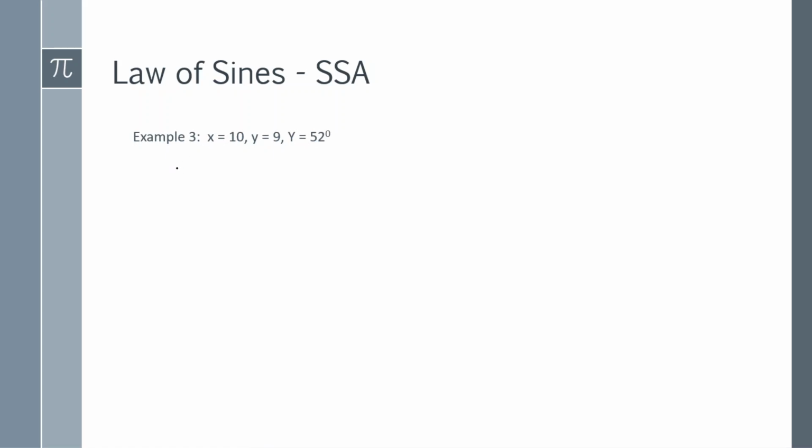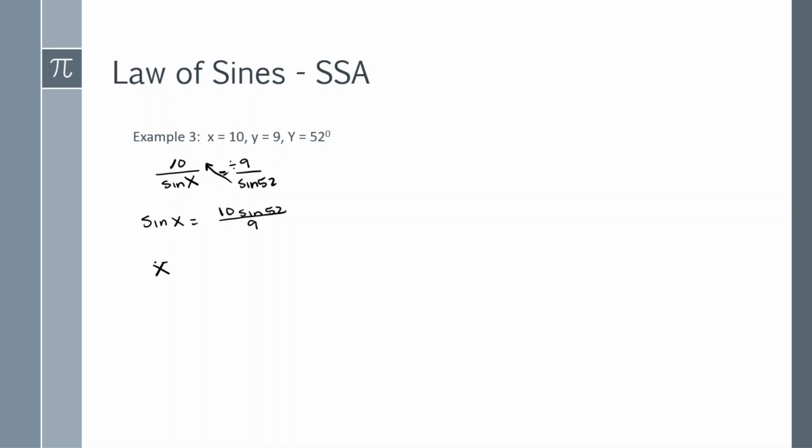So let's say we have 10 over the sine of x equals 9 over the sine of 52. So the sine of x is equal to 10 times the sine of 52, cross multiply, divided by 9.